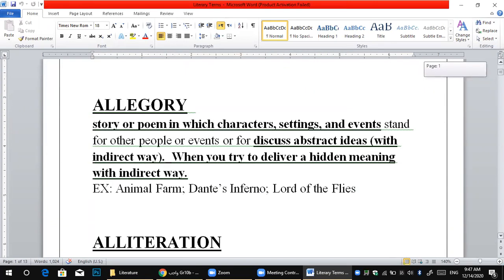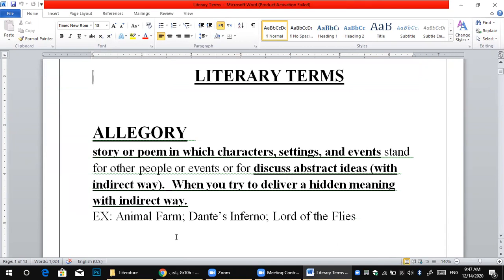We have discussed before about the allegory. Let's see what allegory means. Allegory is a story or a poem that tries to send a meaning in an indirect way.